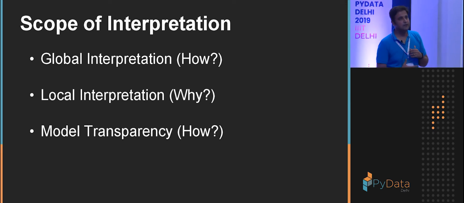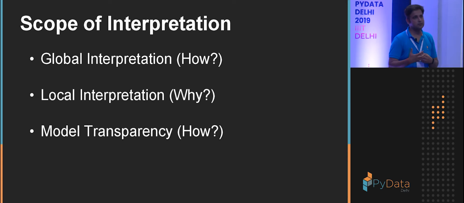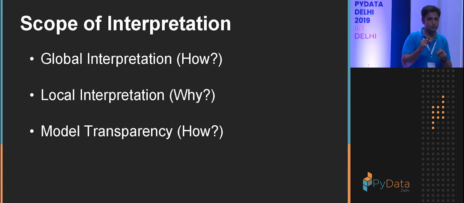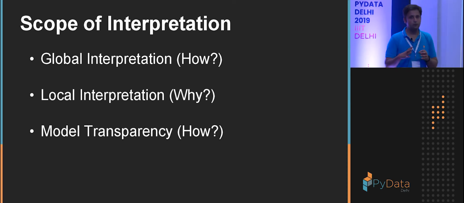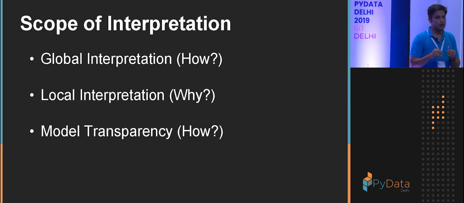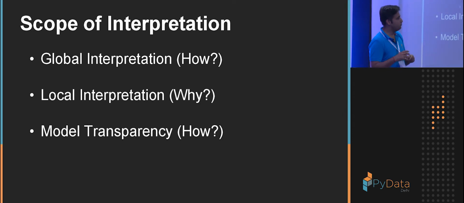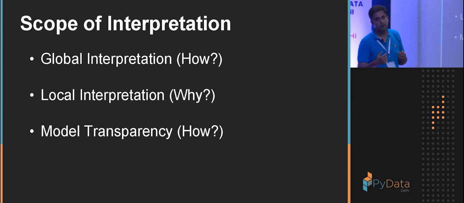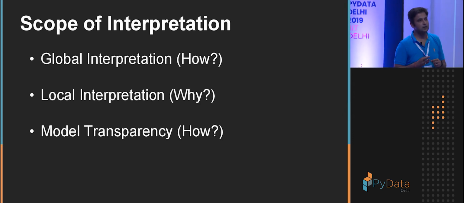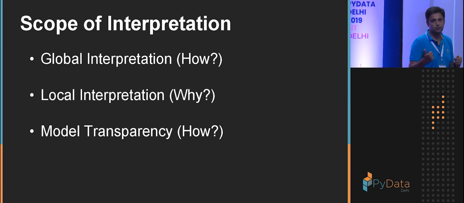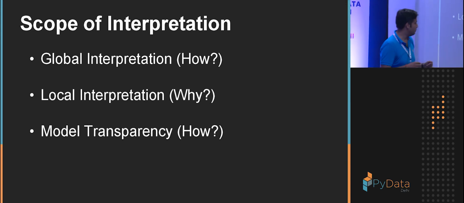For linear models, we would try to know the coefficients. If it's a tree based model, we need to know how the split has happened across the nodes. If it's a deep learning model, we would like to understand the weight on a particular node. Model transparency talks about that.